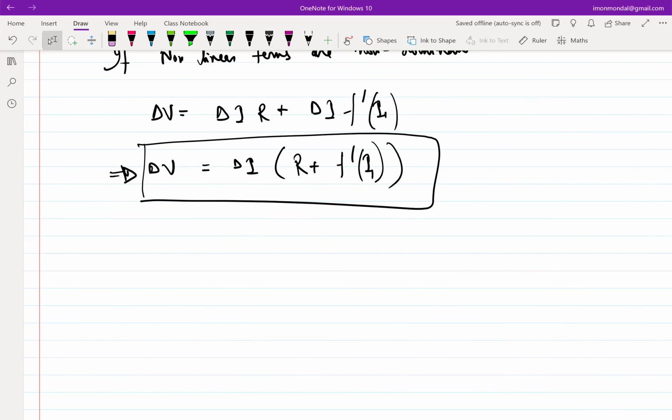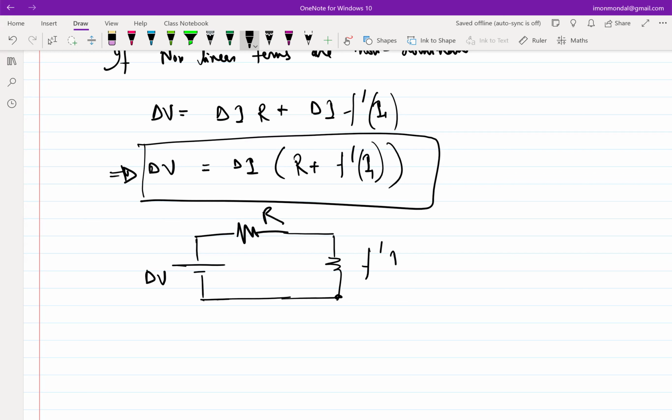So let's say I have a voltage source of value delta V. How should I complete the circuit? A resistance R, and then another resistance of value f dash I1.